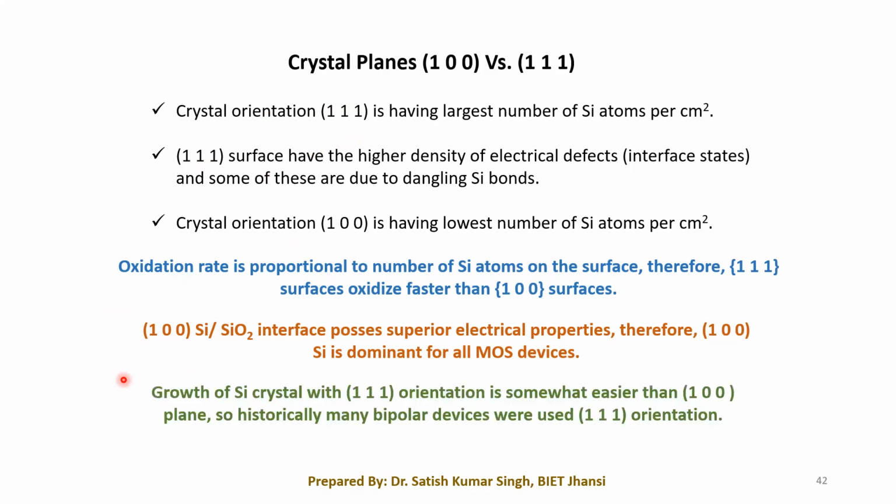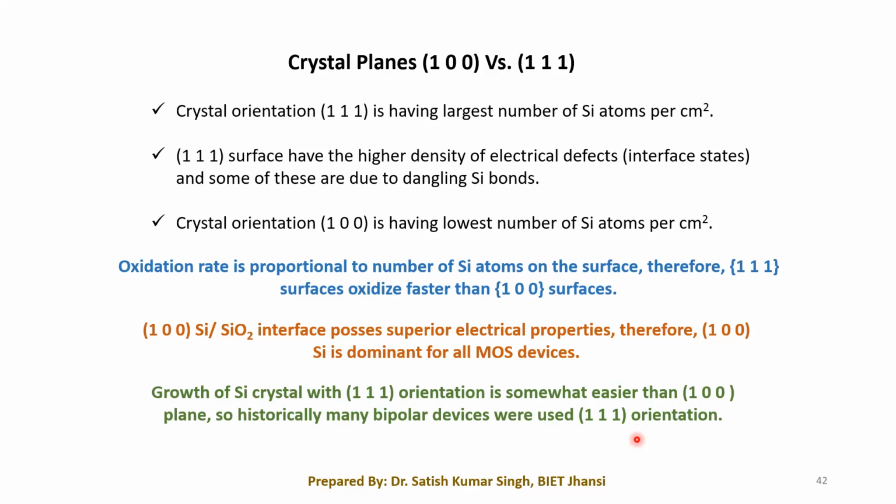The only reason was that growth of the silicon crystal with 111 orientation was somewhat easier than growing the 100 plane. Because the growth is somewhat easier in 111 orientation, they were using this 111 orientation for all bipolar junction devices.